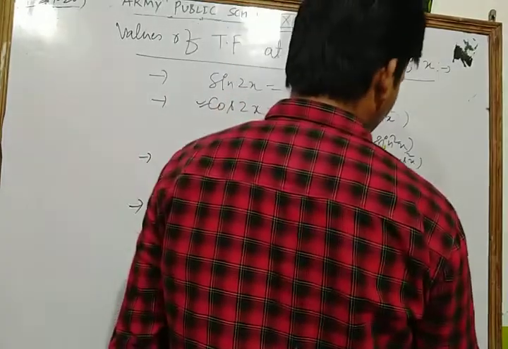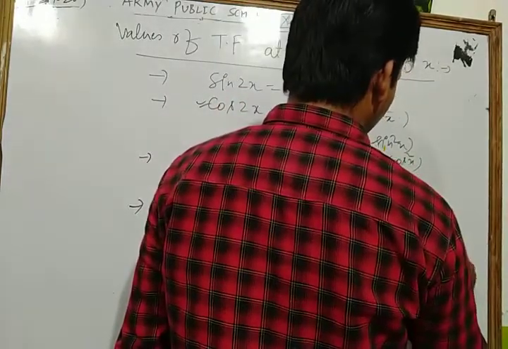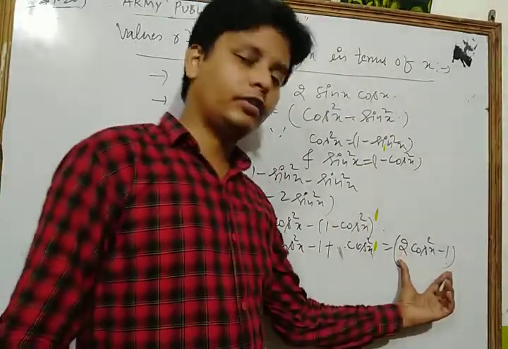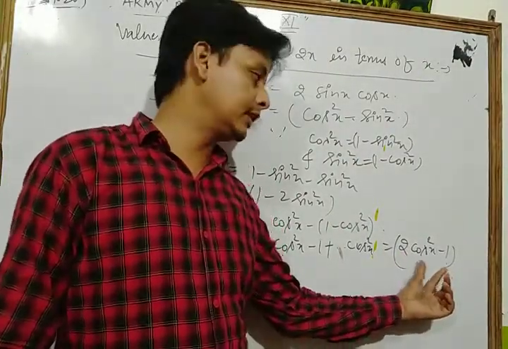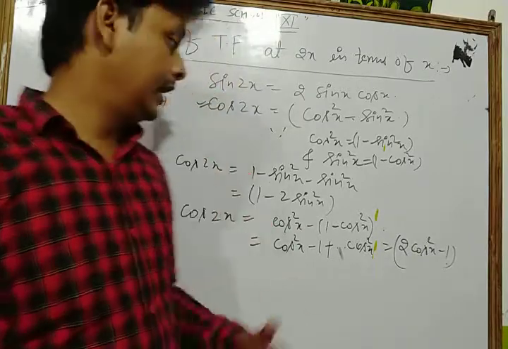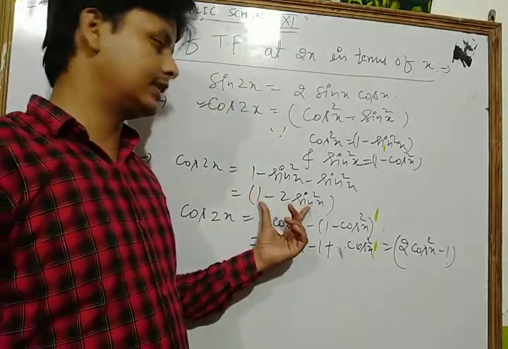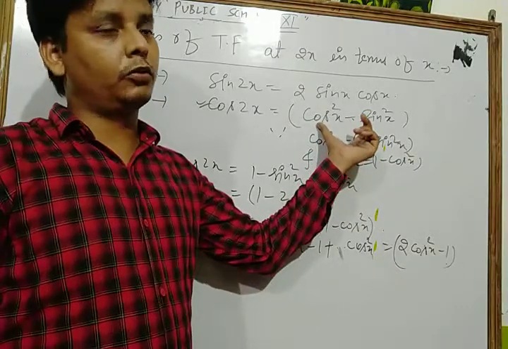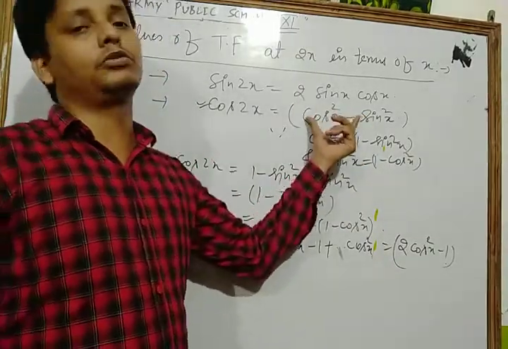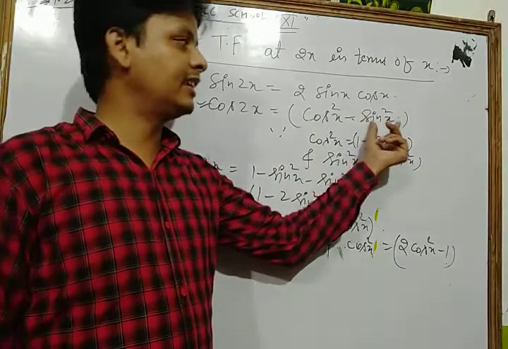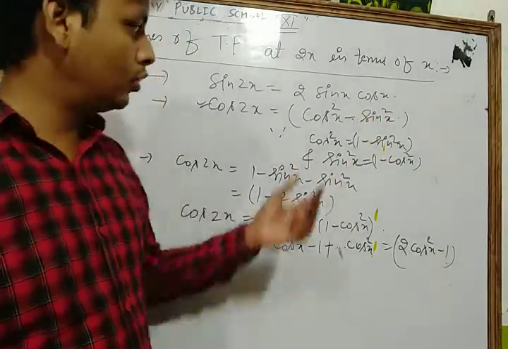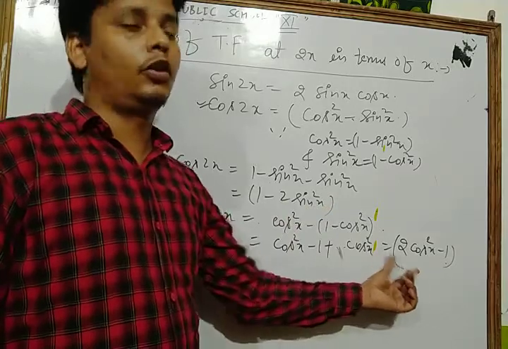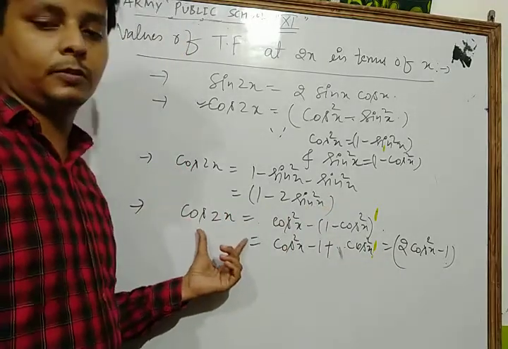So we get 2 cos square x minus 1. This is another formula of cos 2x in terms of cos square x. Okay, this is the formula of cos 2x in terms of sin square x, and this is the formula in terms of cos square x. So these are all three formulas for cos 2x.